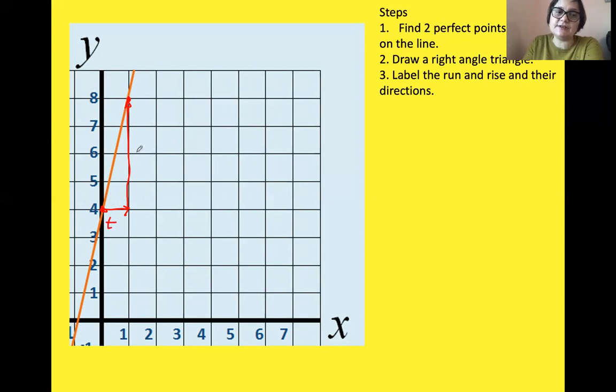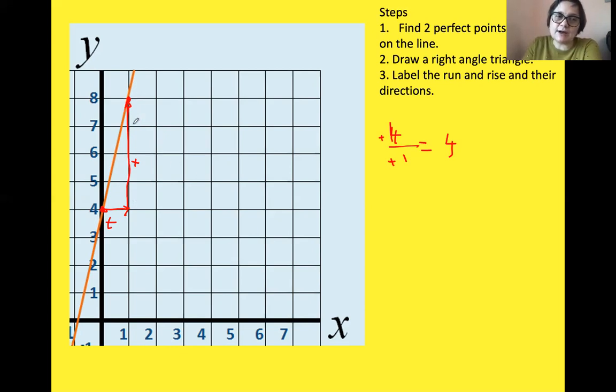So it's positive for the run, positive for the rise. And now let's find the gradient. Gradient is rise over run: rise 1, 2, 3, 4, so 4 over 1 equals 4. So positive 4 over positive 1, and the answer is 4.